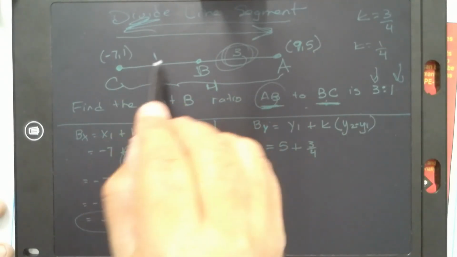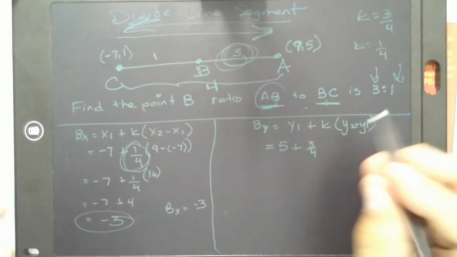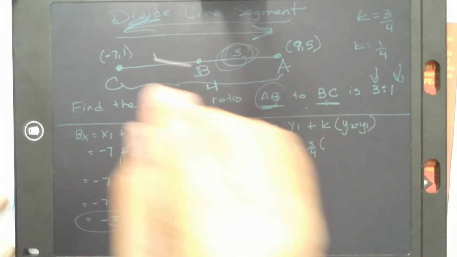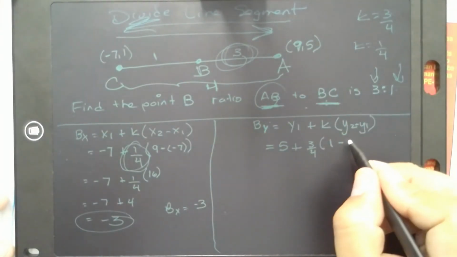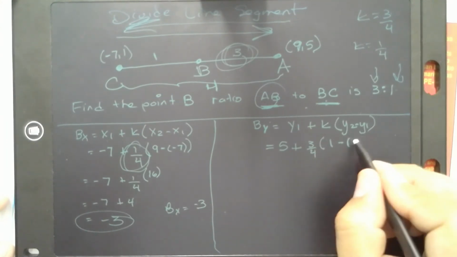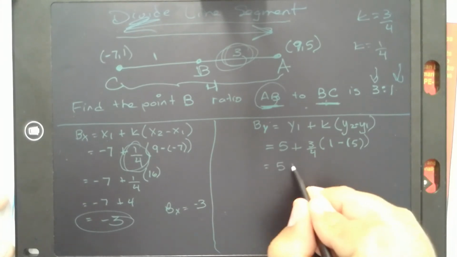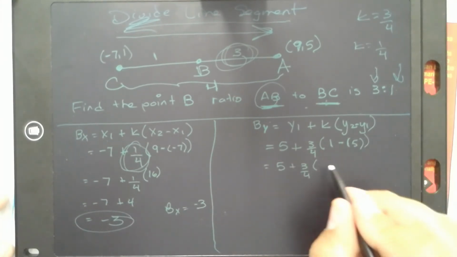In this case, it was 1 out of the 4. This is 3 out of the 4. So we're using 3/4 times y2, which is 1, minus 5. So this will be 5 plus 3/4 times (1 minus 5). 1 minus 5 is what?